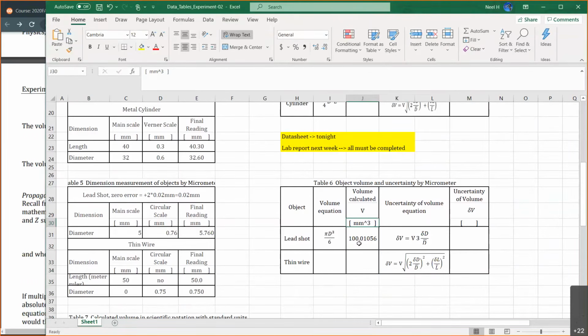Now I need to take a look at the sig figs, right? Because I did a calculation. So if I take a look at the sig figs, how many sig figs can I go here? Now only one measurement. That measurement has 4 sig figs. Technically, I can go 4 sig figs there because there are no other measured values at all. Number 6 and number pi are actually just numbers. Those are not measured values. Okay.